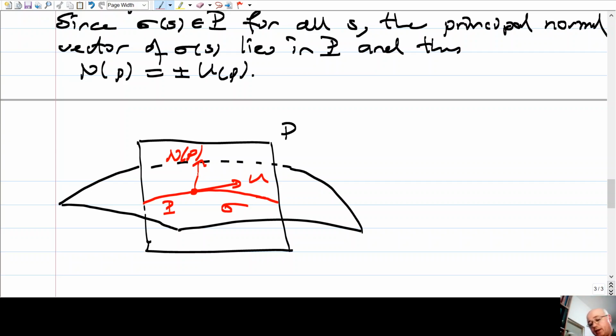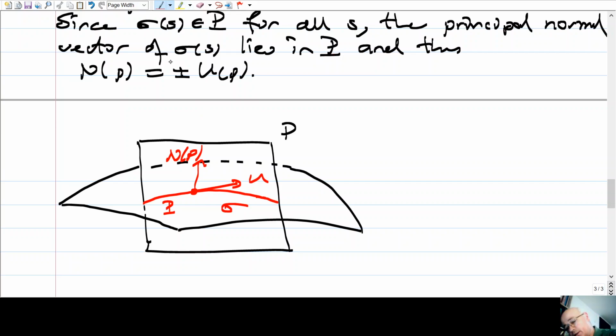So both of these vectors, both NP and u, lie in the plane P, and u also lies in this plane.